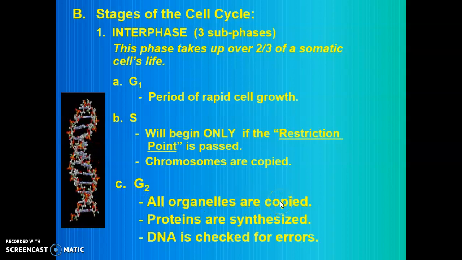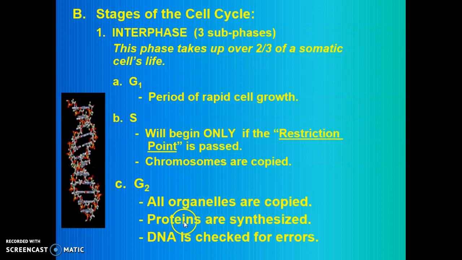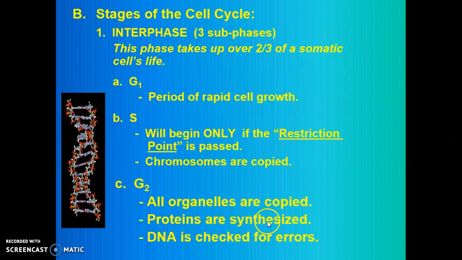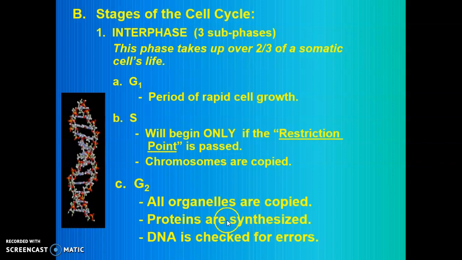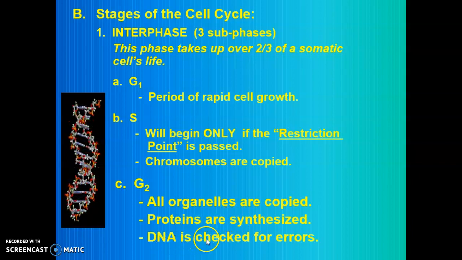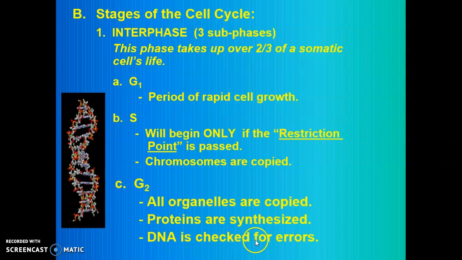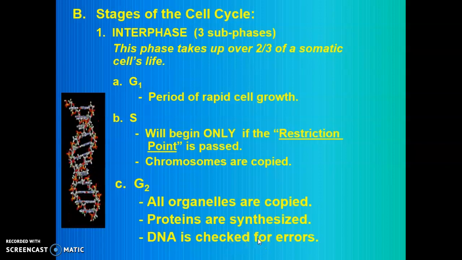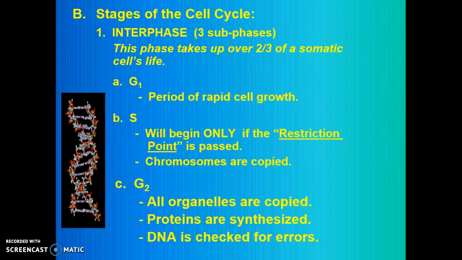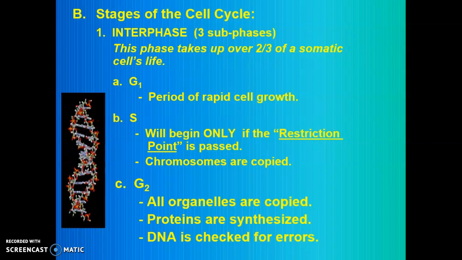We're going to copy them multiple times. We're going to make a lot of protein that the cell can use for whatever it needs it for. But again, we're going to check all the DNA. So all 46 chromosomes that were copied, we're going to check it for errors and fix any errors if it can be fixed before we actually enter division.